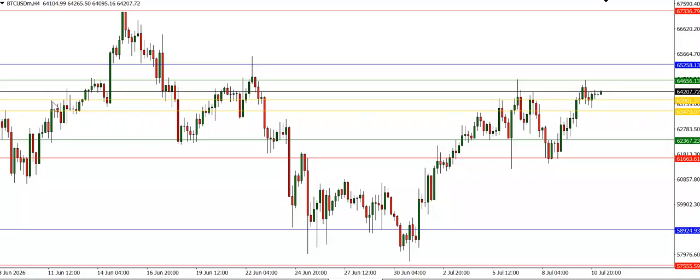Multiple tests here as a resistance, here as a support, here as support, here as resistance. So that makes it a key level. Well, let me reconfirm this particular lower level. Yes, it's a key level in the sense that this is a resistance here, serving as a resistance here.